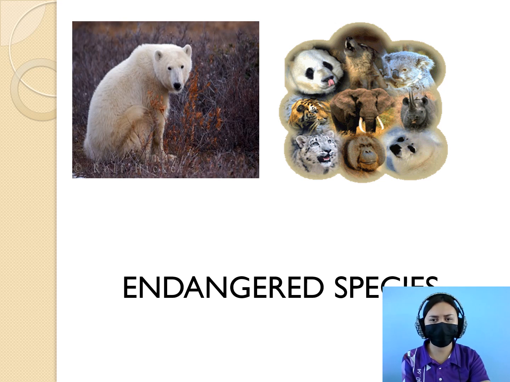Look at these animals. They are the endangered species. We need to protect and preserve them so they can have long lives and more babies, so the next generation can see these types of species.